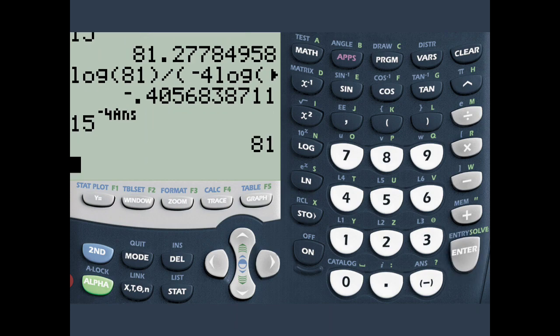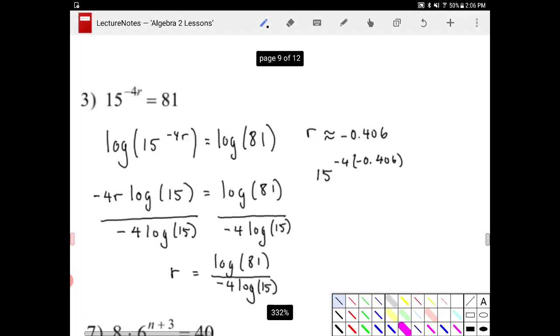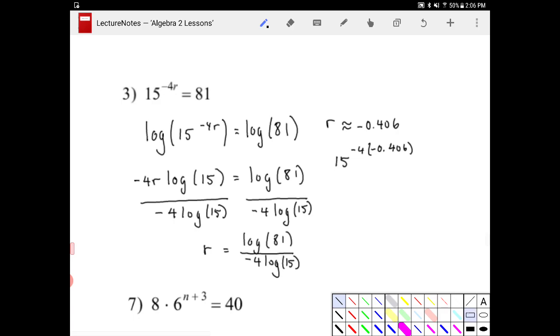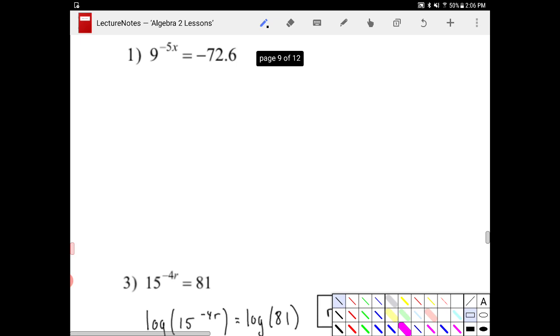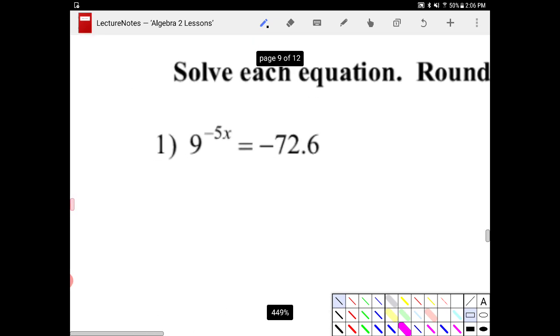And that is exactly what I ended up with, 81. So it goes to show that these answers are rounded. This right here is the exact answer that we were looking for, although very abstract. But if we wanted to figure out numerically what that number is, we can just enter that into the calculator and we're done.